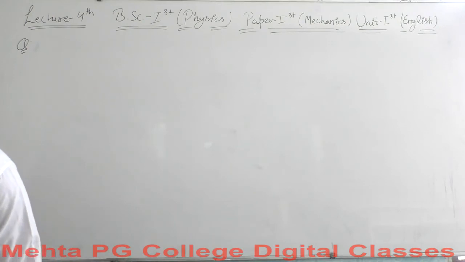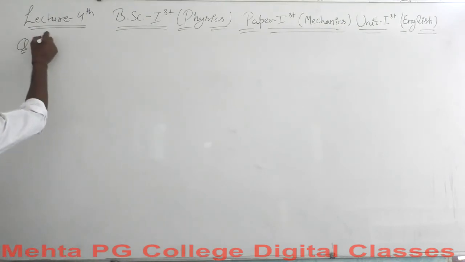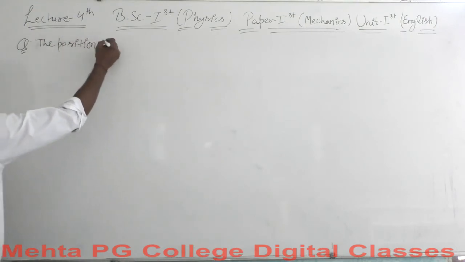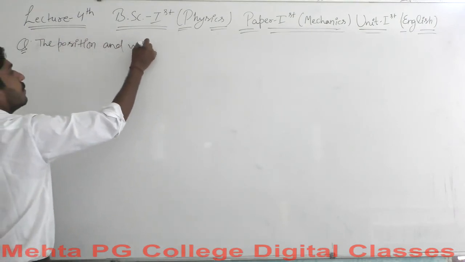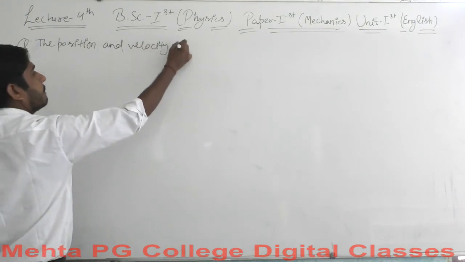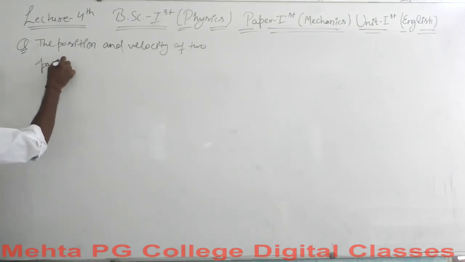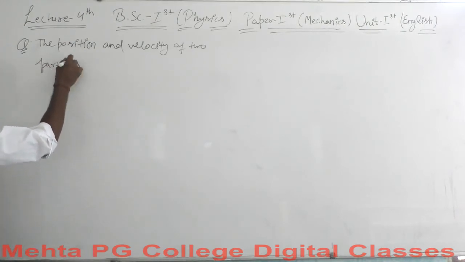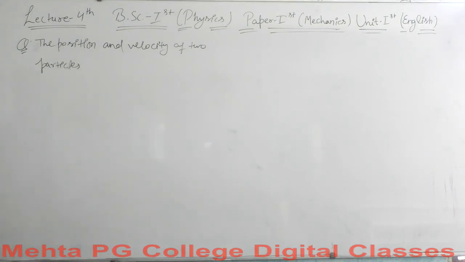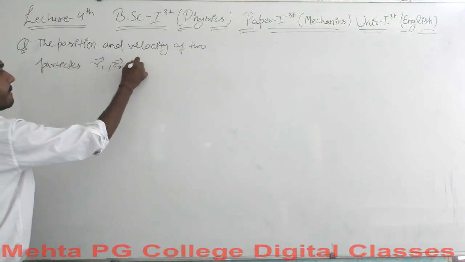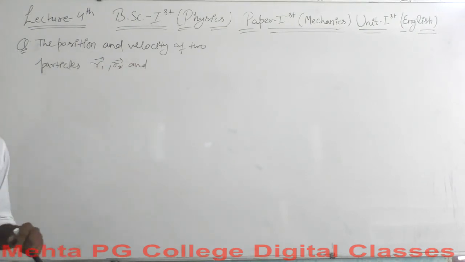The example says that the position and velocity of two particles are given: r1 vector, r2 vector, and v1 vector, v2 vector.